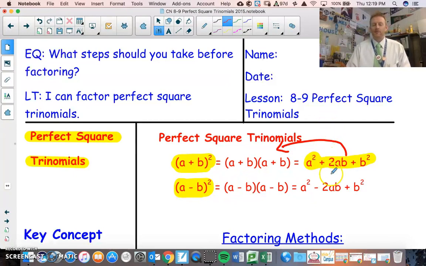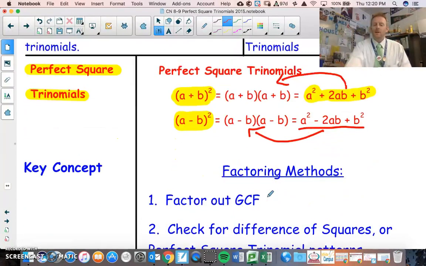So the answer, a squared plus 2ab plus b squared, we want to turn it back into an a plus b times a plus b. And the same idea with the negative ones here. So after they've been FOILed, we get an answer that looks like this. And our job is to then remember that they look like that before we FOIL them. So that's what we're looking for.